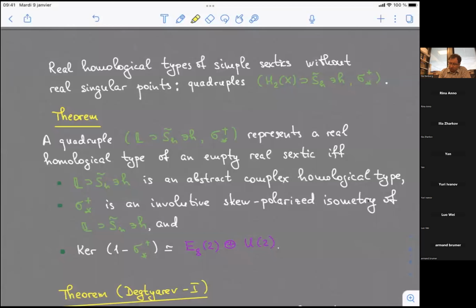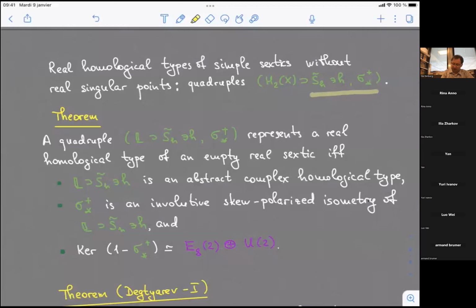So what do I do? I just add this information to the real lattice type: this information of how our hyperbolic lattice is embedded in the K3 lattice.